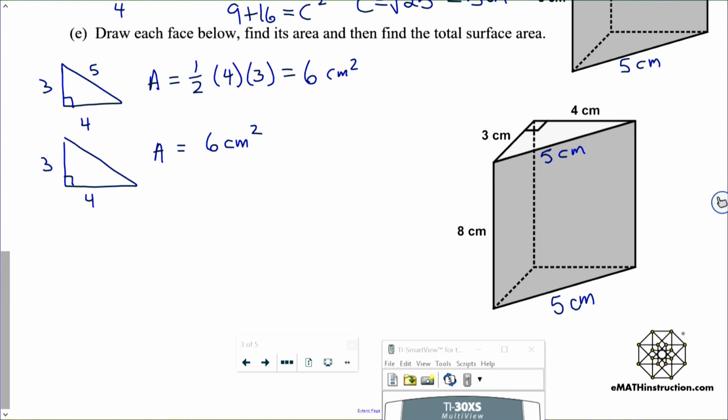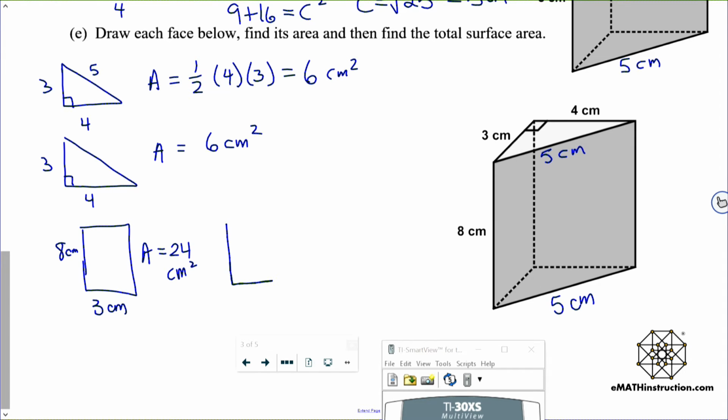Now I've got my 3 rectangles. One of the rectangles is 8 centimeters tall and 3 centimeters wide. So its area is going to be 24 square centimeters.